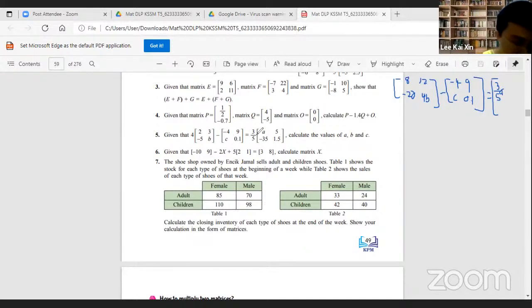3/5 times 5 will get 3. 3/5 times 35 will get 21.